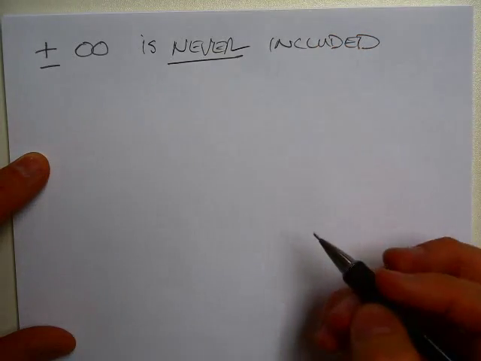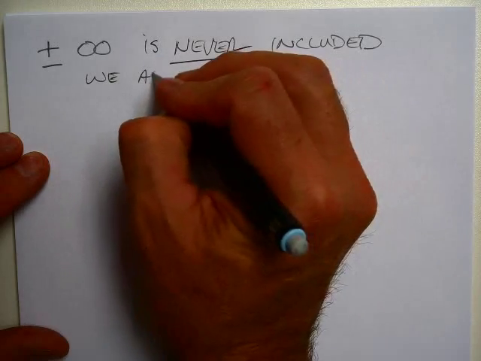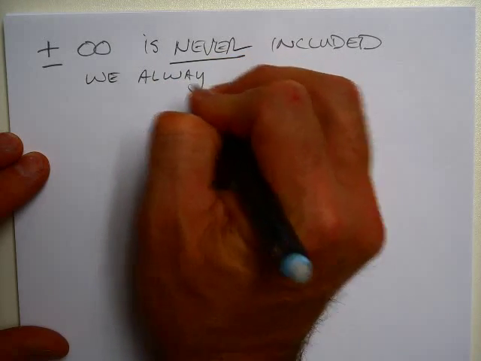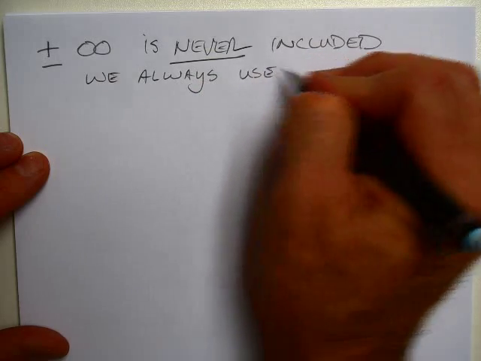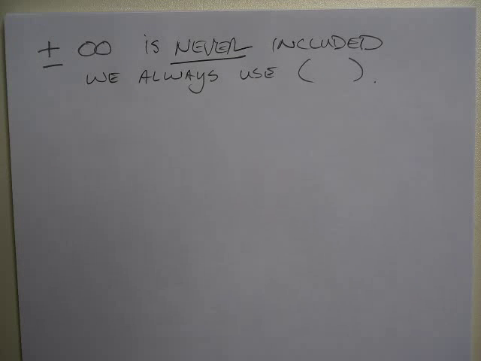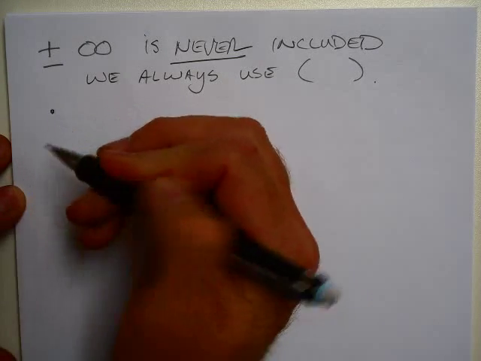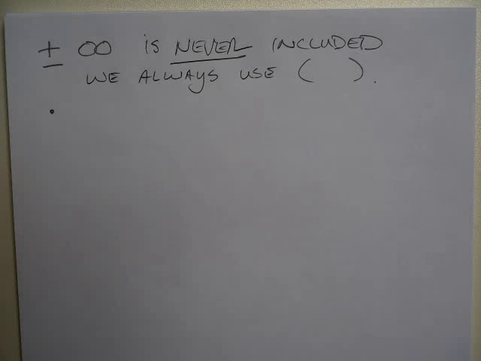You'll use infinity, but if you do, we always use parentheses for whatever end infinity is. And one other thought that I want you to know about. An individual point is neither increasing nor decreasing.